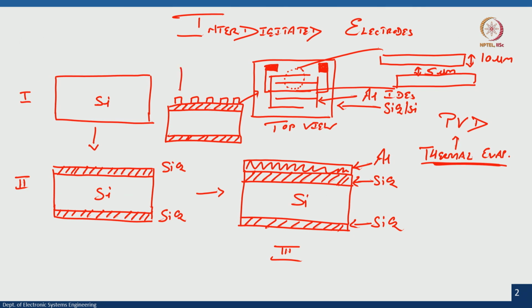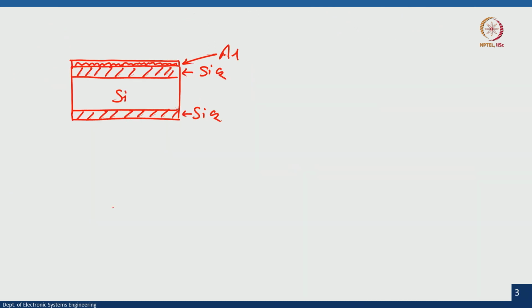This is your aluminum interdigitated electrodes, silicon, and these layers are SiO2. Okay. So, we want this particular pattern starting with the silicon. So, silicon oxide, aluminum deposition. On the aluminum deposited as a thin film, we will spin coat photoresist.